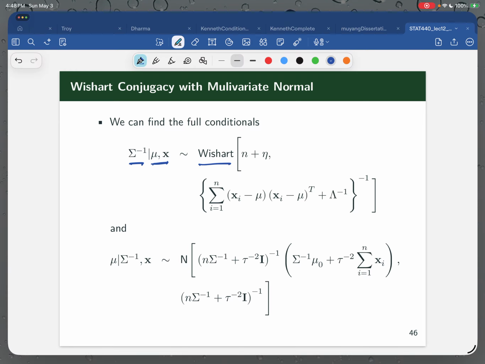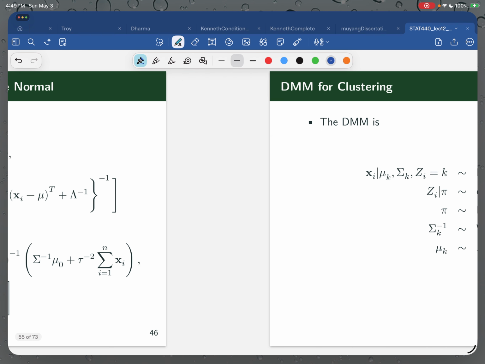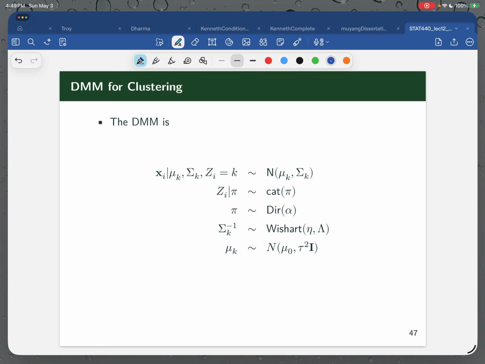We started with a Wishart prior, we combine it with a multivariate normal, we get a Wishart posterior. Here is our posterior for mu given sigma inverse and x, and it's normal. Not surprising, we knew that if I put a normal prior on mu, I would get a normal posterior. And this just talks about the posterior in terms of the current value of sigma inverse. Okay, so that's all sort of prologue.